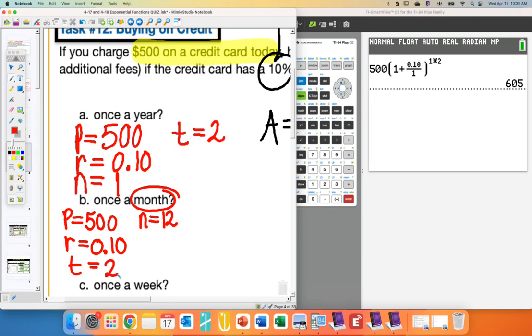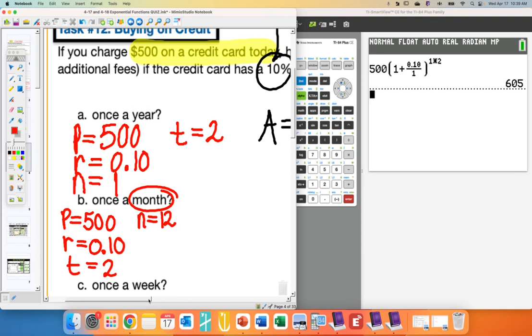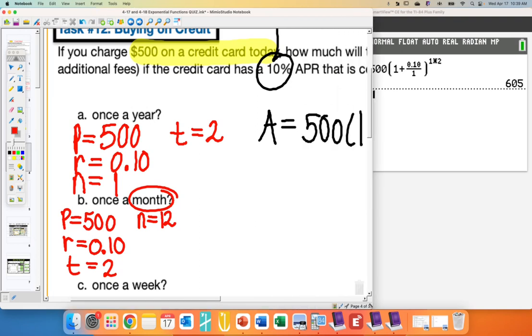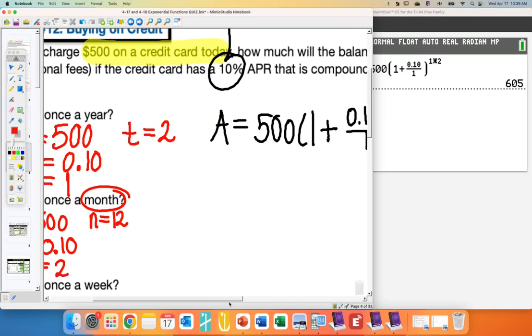Let me tell you something about writing the formula down. If you write down the formula but you get the wrong answer, when I grade your quiz or test, I will give you partial credit if the formula's right. Sometimes it's tricky to type it in right, and you might put one thing wrong in the calculator, and I don't know that.